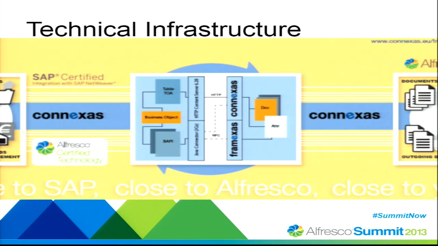On the SAP side, there again are two different options that we are using. The famous one I mentioned already is the HTTP content server, so the ArchiveLink protocol. This interface is built to bring really the documents together with the objects in SAP. It's an ArchiveLink solution, so a not changeable solution, meaning really a fixed link between the document on the one side and the object on the other side.